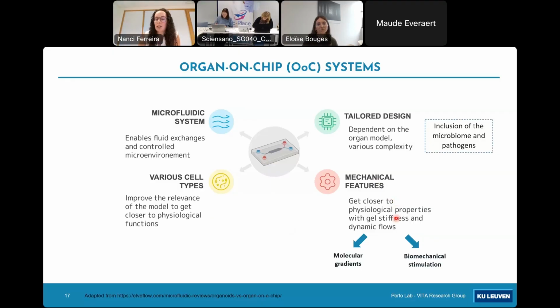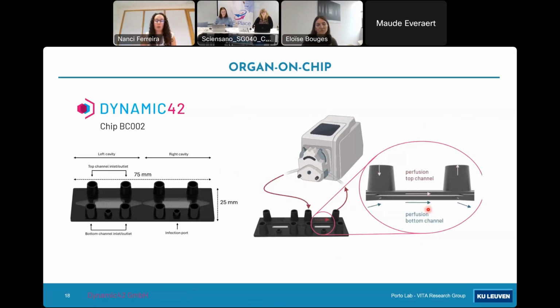Also, the mechanical features, such as the molecular gradients that are created, and also the biochemical stimulation of the media perfusing, really resemble the in vivo physiological properties of an organ. So in our case, we are using chips from Dynamic42. These are commercial chips, and they have a microscope slide format with two cavities, a left and a right cavity.